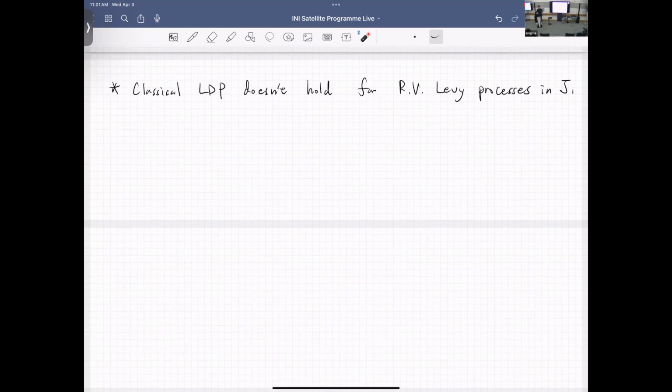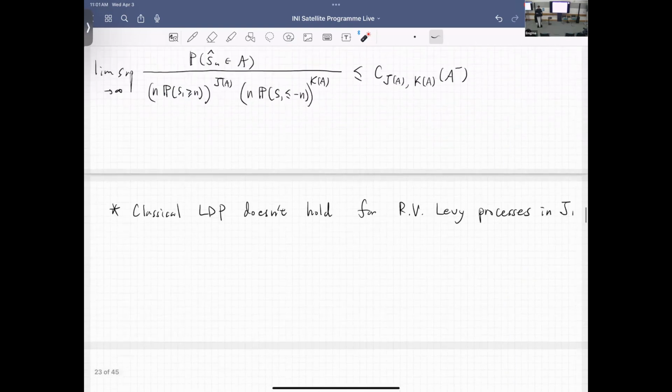So why did we come up with this? Because the classical large deviation principle does not hold for J1 topology or for Levy processes. So we have a counterexample that applies to any two-sided Levy processes.